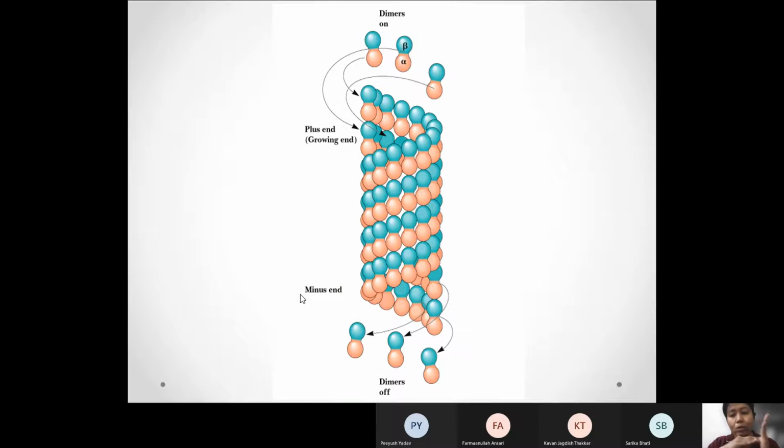But because the boundary was rigid, this bead was experiencing a force and was moving backwards. And you could calculate the distance moved by this bead, and you could have an idea about the force that was being generated by actin polymerization on this bead. And it turned out to be of the order of a few piconewtons.